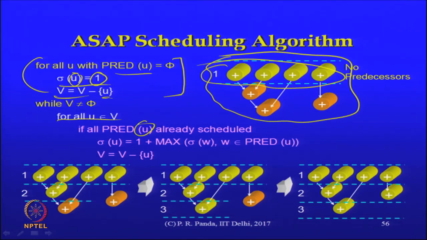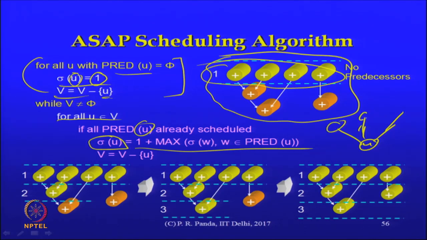And I can assign to u a clock cycle which is what? I have said 1 plus the max of the schedule value of all its predecessors, saying that if u is dependent on a number of nodes, each of all of these have been scheduled already, then we are just saying that it is 1 plus whatever is the max.